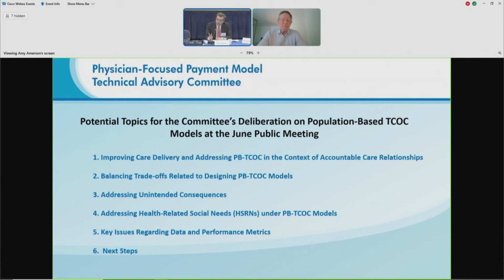Just two comments. I'm not sure when Dr. Smith was referring to nesting, it sounded like he was describing carve-outs more than nesting. It was like you're taking money out of the total cost of care, as opposed to the way I think about nesting. It's still within the total cost of care model, but then there's a piece of it that's within specialty care. And I think the other piece that deserves further conversation is what is the right level of accountability.